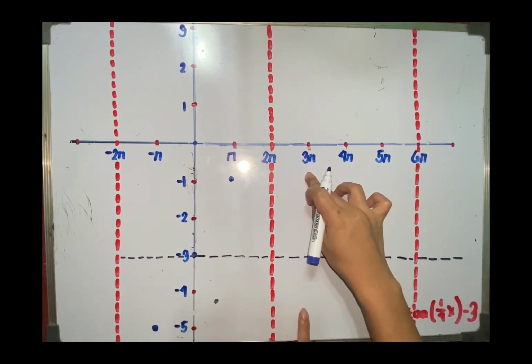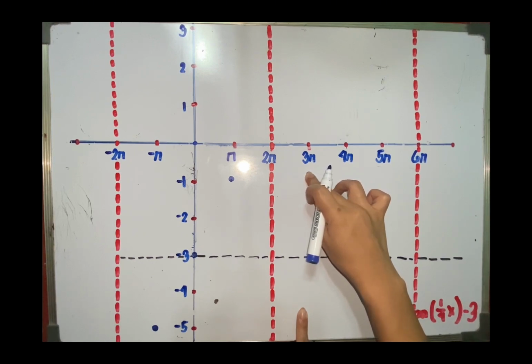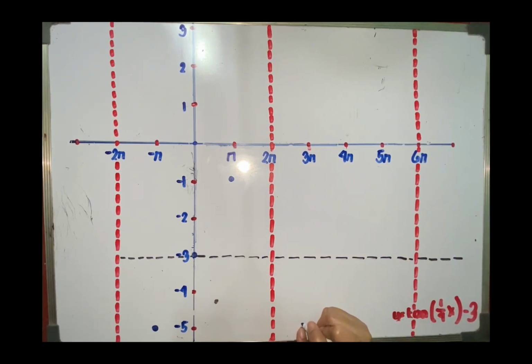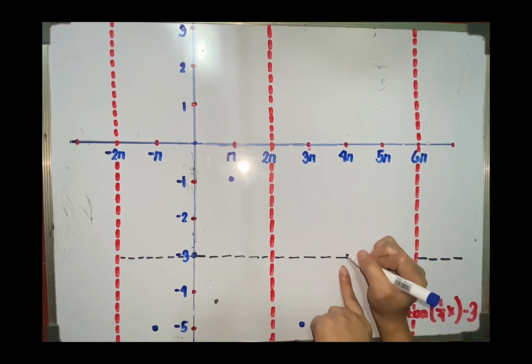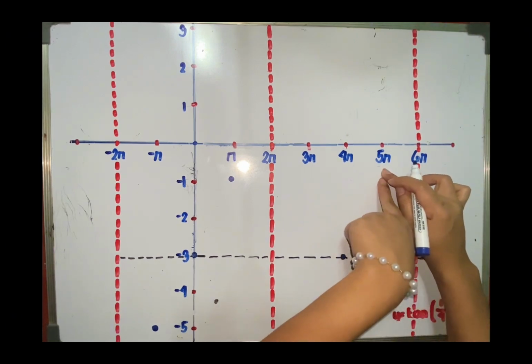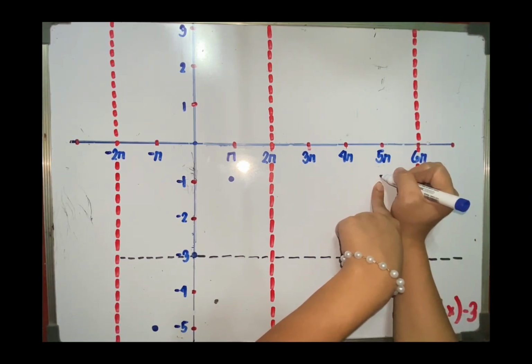It is already shown in our table of values, so you have to follow it, where this 3 pi is paired with negative pi, then our 4 pi is paired with negative 3, and lastly, our 5 pi is paired with negative 1.